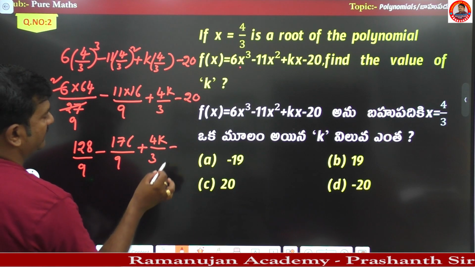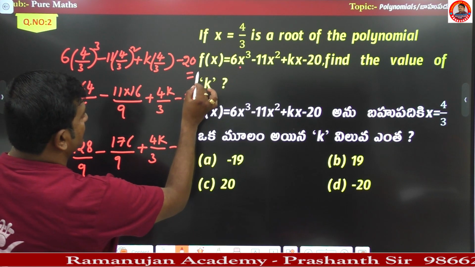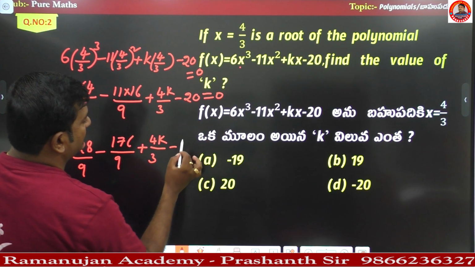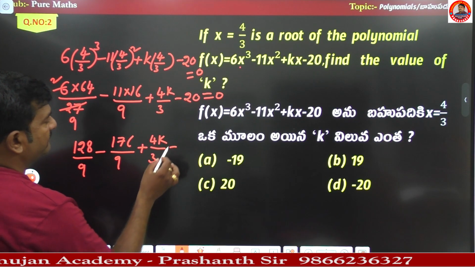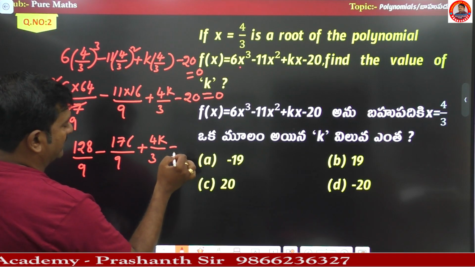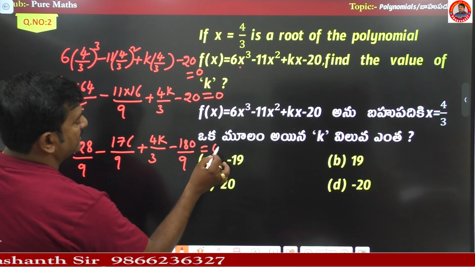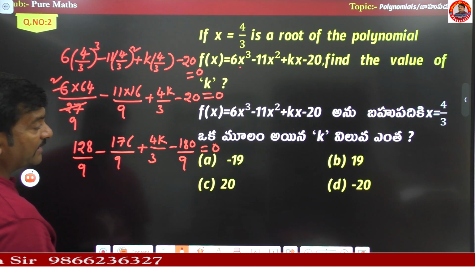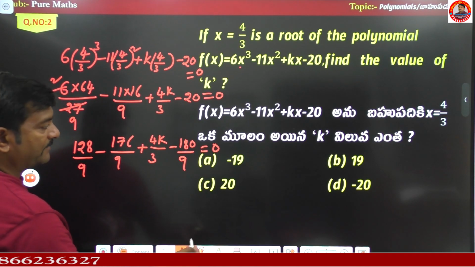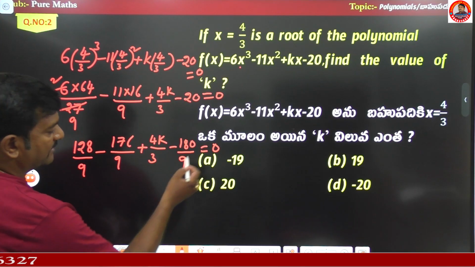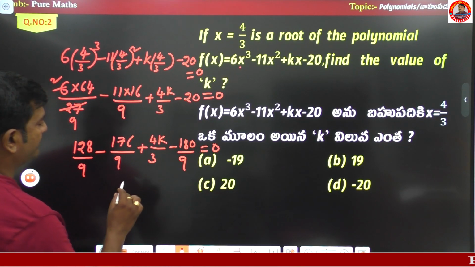Then 4k by 3 minus 20, this value must be what you should get? 0, because it is the root of the polynomial. So to get the 9, simply we can write 180 by 9 also. Shall I write 20 as 180 by 9? Yes, because 9 twenties are 180.